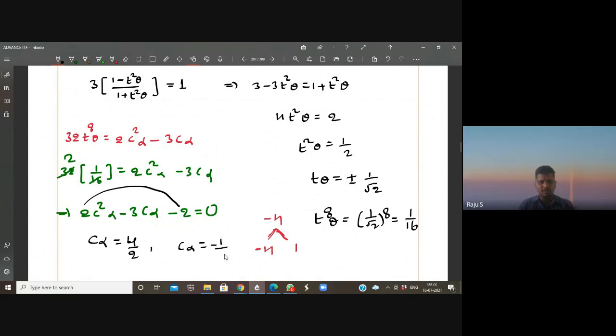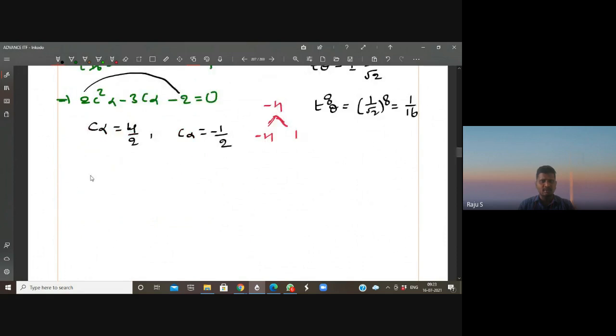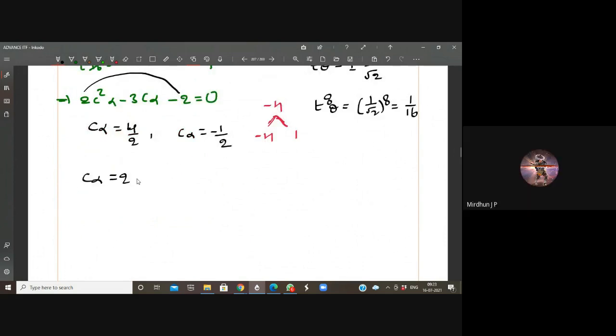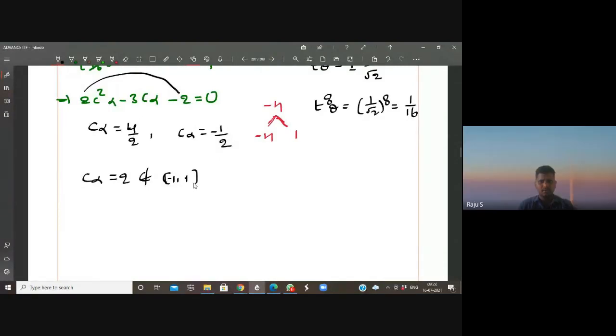But 4 by 2 is not possible for cos, because cos alpha lies only between 1 and minus 1. So 4 by 2 will not come. It does not belong, so this is not possible.